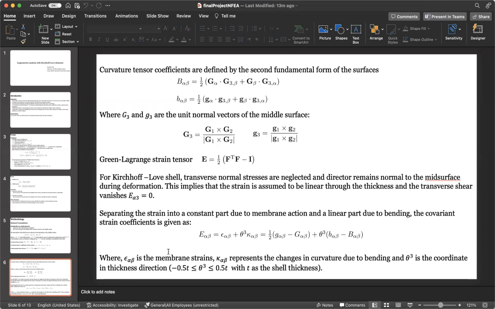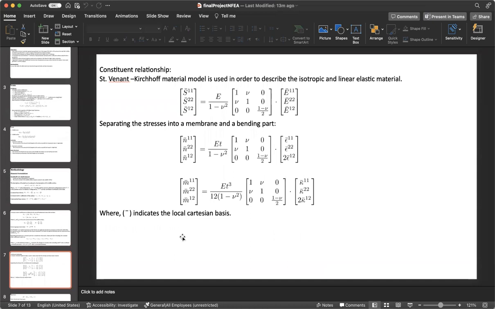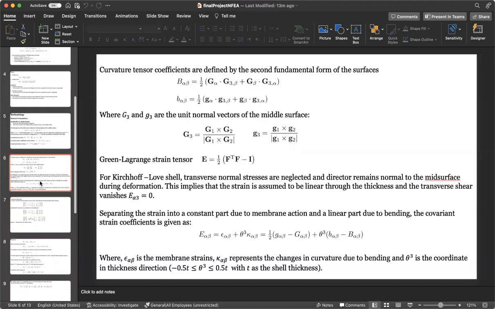The constitutive relationship that we use is a Saint Venant-Kirchhoff material model. Here we have separated the second Piola-Kirchhoff stress into membrane as well as bending parts from the formula that we have used here.